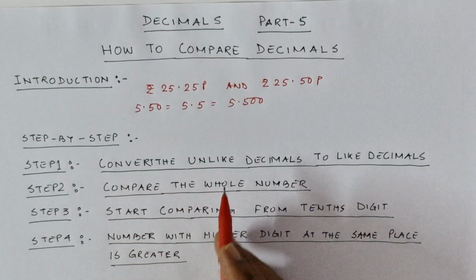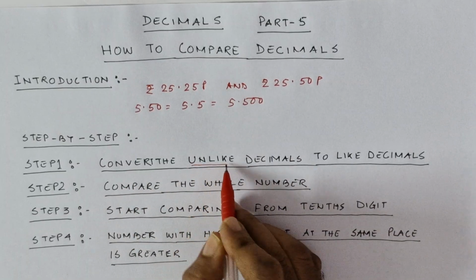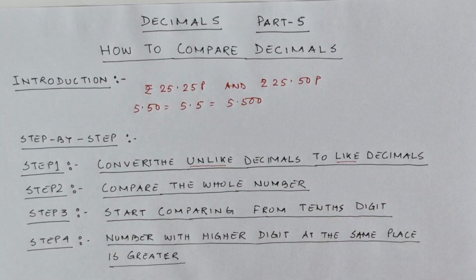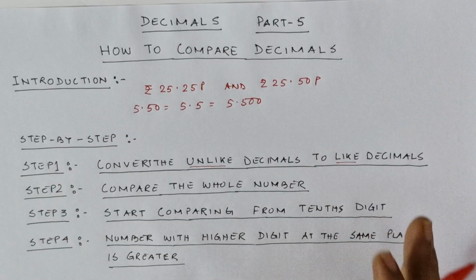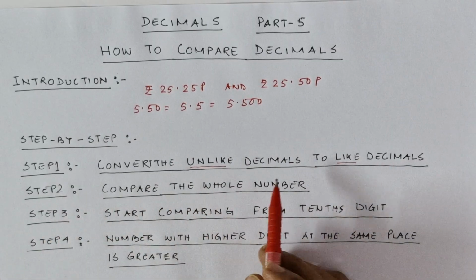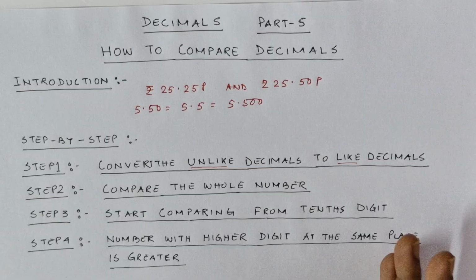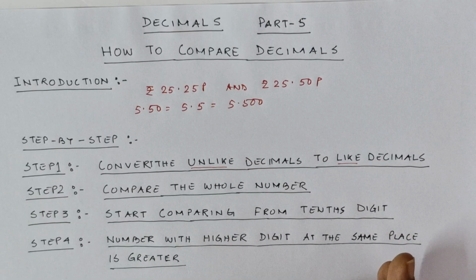The first step is to always convert the unlike decimals into like decimals. You know how to convert, we saw it in the last lecture.